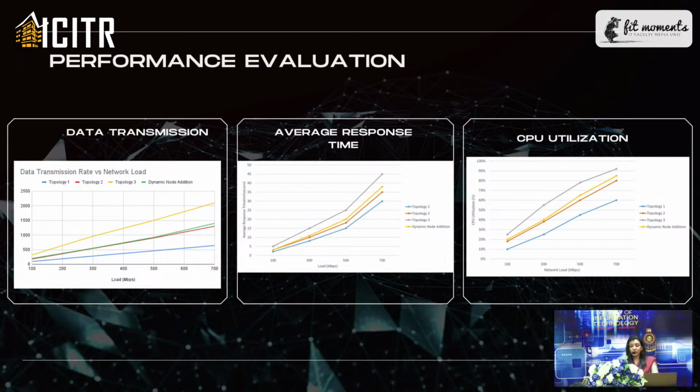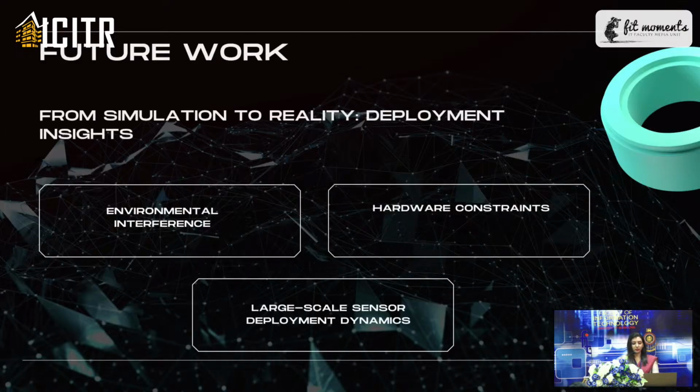And the CPU utilization indicates how much load is distributed in each controller. Here the dynamic approach indicates 85% utilization compared to the T3 topology.